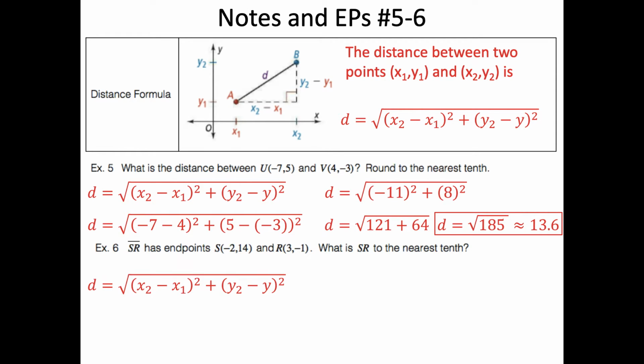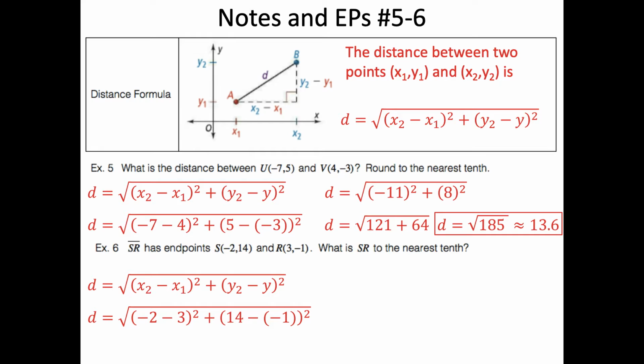All right, so once again, there's my distance formula. I'm going to put in my values, -2 and 3, and 14 and -1. Once again, it doesn't matter which order I go in. If instead of -2 and 3 here, I had gone the other way around and called it 3 minus -2, I'd end up with a +5 here.